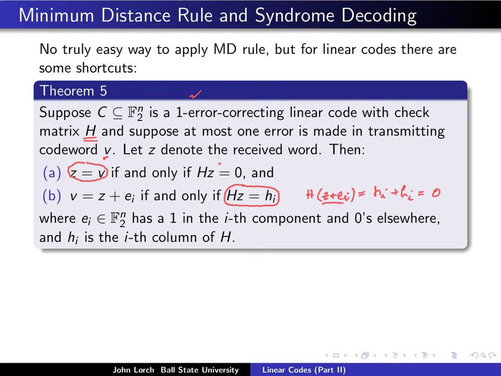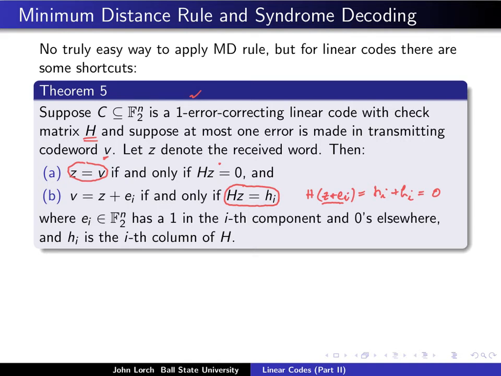And remember, Z is obtained from V with at most 1 bit error. So that means that the distance between Z plus E_i and V is at most 2. And they're both code words. Well, remember, the minimum distance between code words is 3 or larger.